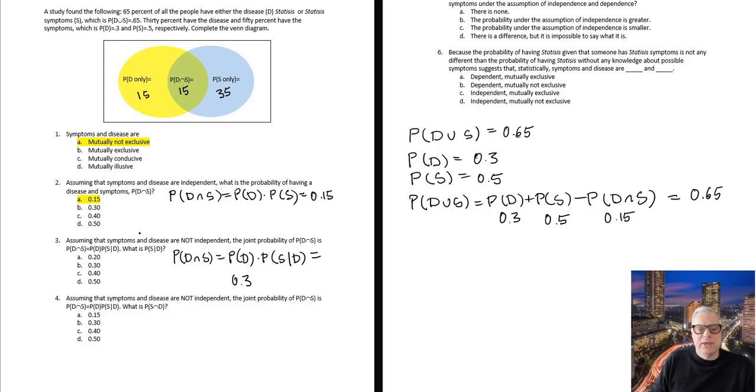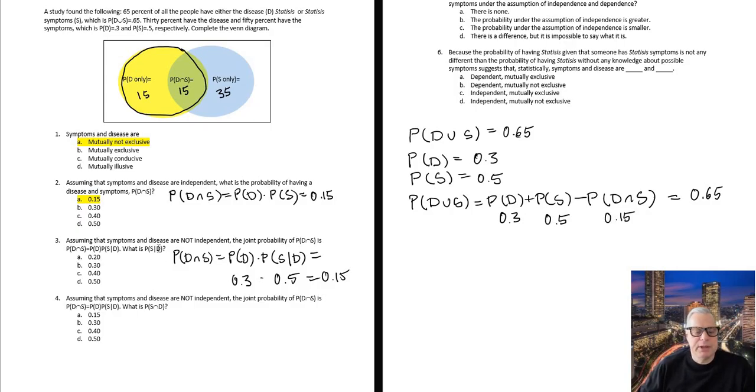But now, given that they have the disease, we have to limit our analysis to this yellow bubble. Well, 15 of those have the symptoms, so that's 15 over 30, so that's also 0.5. So we get the same result.